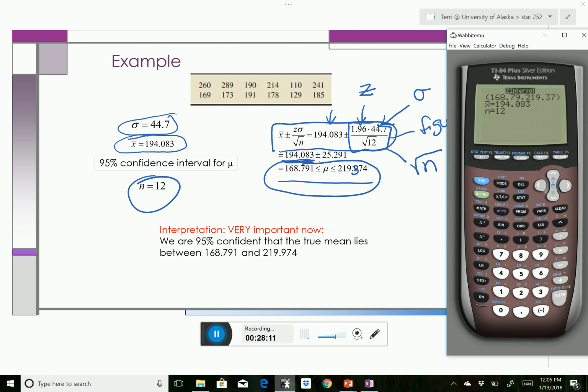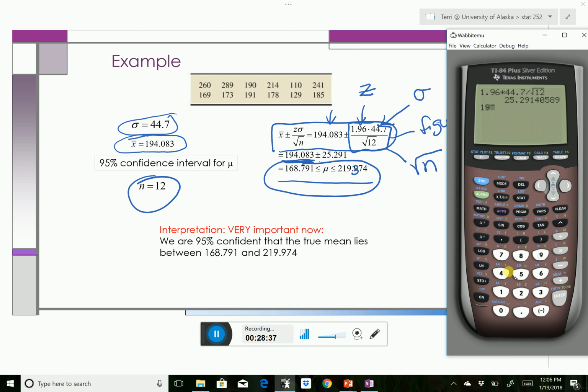So looking at this, if I were going to do this by hand, I'm just going to go 1.96 times 44.7 divided by the square root of 12. So I'm going to do this piece first. Get my answer, 25.291.